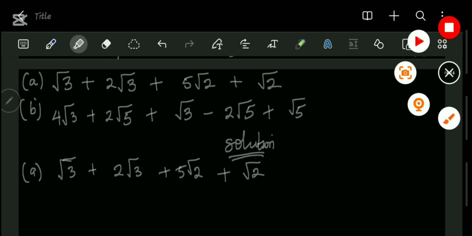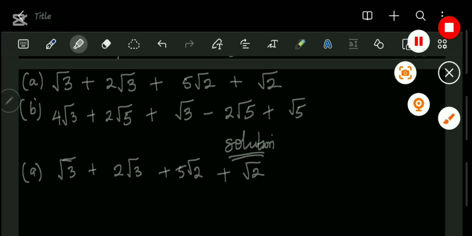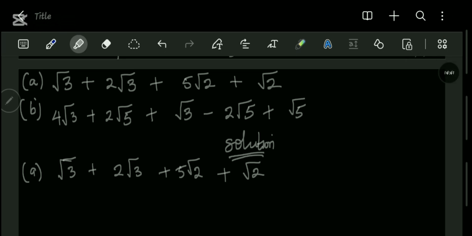So what you want to consider before solving questions like this, since it is plus and minus, because I told you that whenever you want to add or subtract a fraction, you consider the denominators, right? That will tell you how you continue further. In this question, whenever you want to add or subtract a surd, you consider if the surd is like or if the surd is unlike.